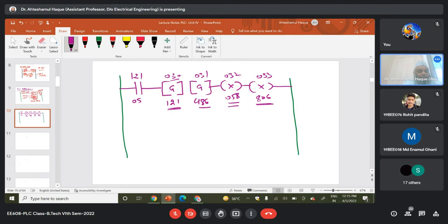Okay, this is a block diagram. Right. So this is how it is shown in coil format.